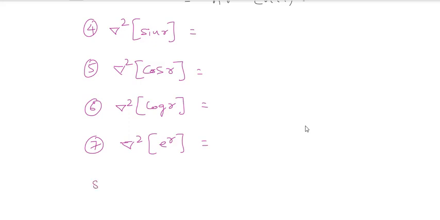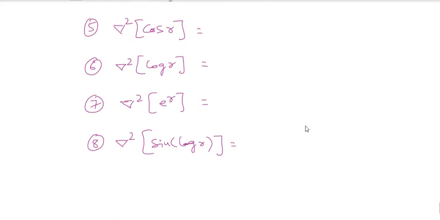Likewise you solve all of those. Del square of sine of log r. Whatever problems I did for first order, the same you try to solve for second order. Clear? Am I right or not? These are all the things which happen with respect to that. I hope you will do those criteria. Clear on my point?